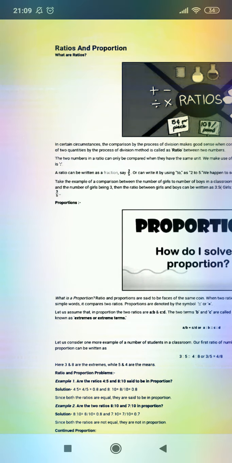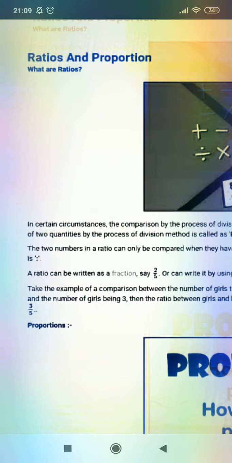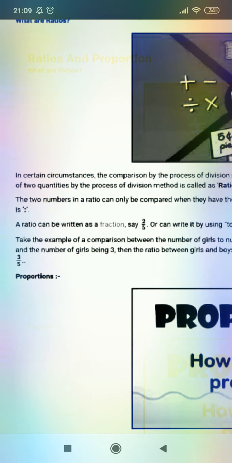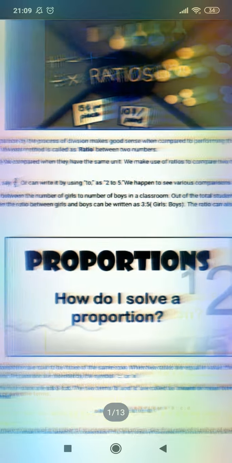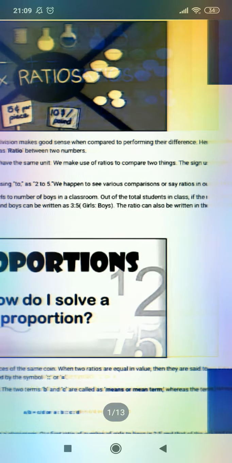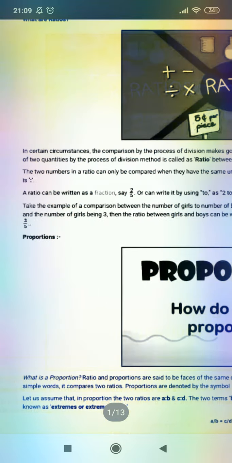First, going to the topic, what is the term ratio? In certain circumstances, the comparison by the process of division makes good sense when compared to performing the difference. The comparison of two quantities is termed as ratio.